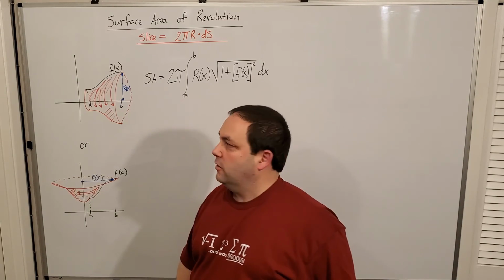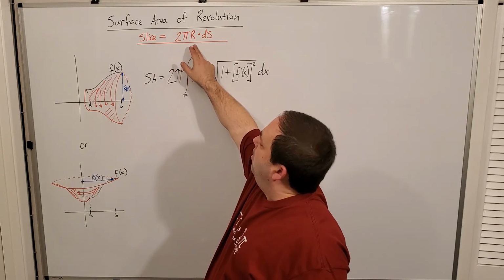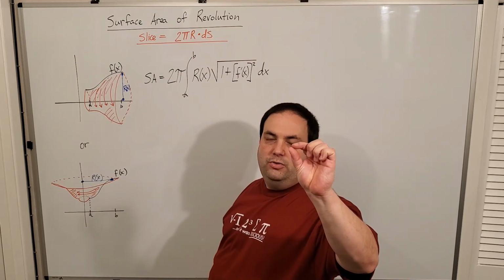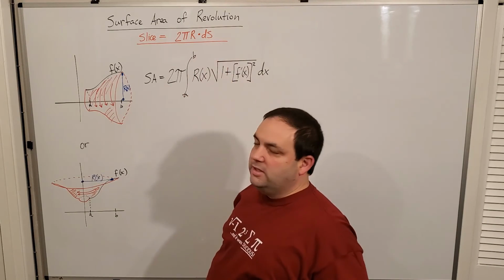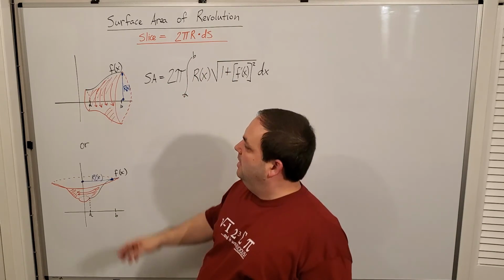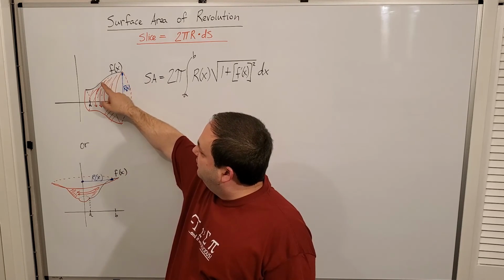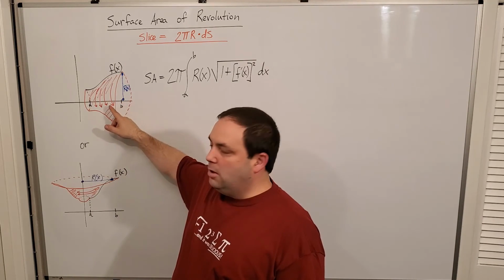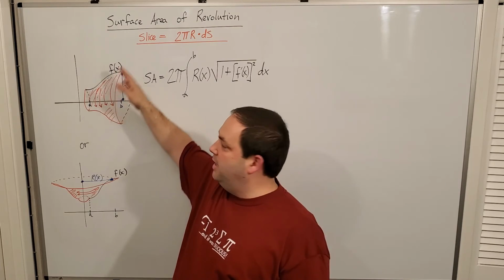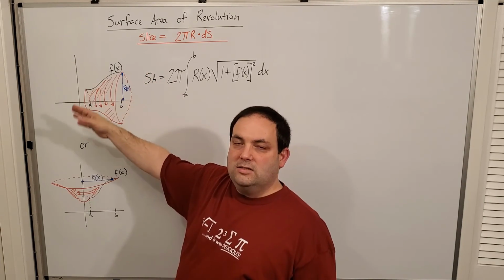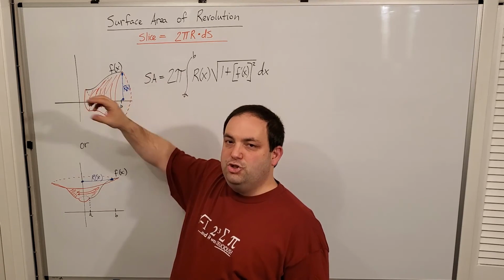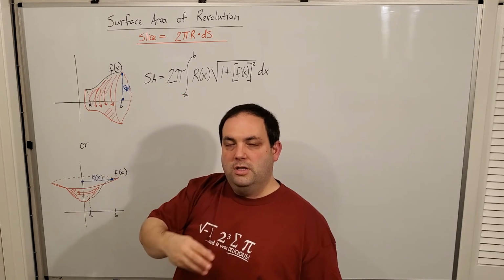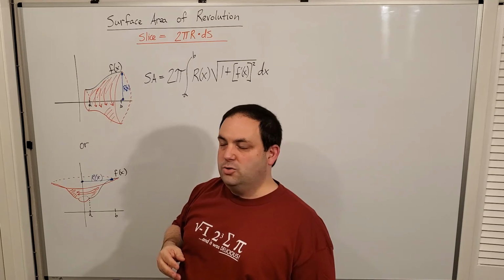So the circumference of the circle is 2 pi r, but remember you got to do times the thickness, right? Which technically is going to be ds, because we're following the edge of a curve. We're not just counting along an axis anymore, okay? It's not the slice thickness going along the curve. The things are going to keep changing along the length of the actual curve.